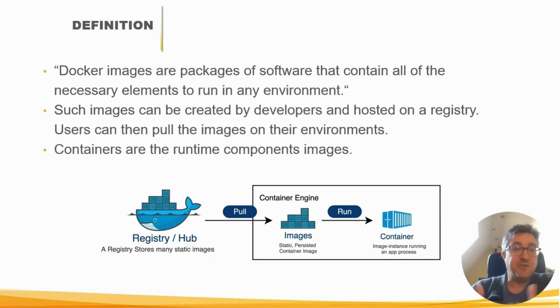Basically, containers are the runtime components of images. This is what is displayed in the schema below. You have a Docker registry, then you pull the images to your local environment, and once the image is downloaded, you can run it and it will be converted into a container.